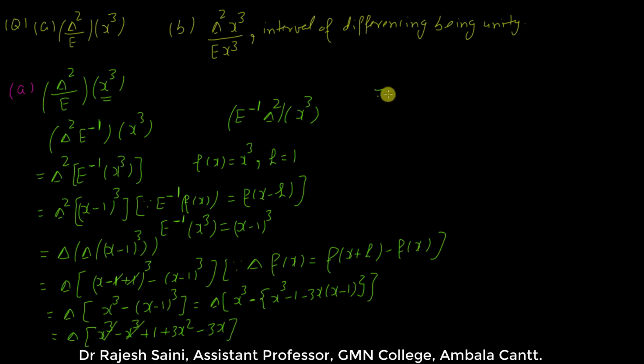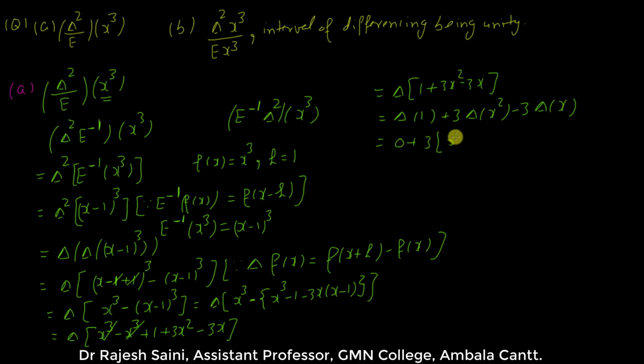This is further equal to delta of 1 plus 3x square minus 3x. Done. This will be delta 1 plus 3 delta x square minus 3 will be out, this will be delta x. Delta of a constant is 0 plus 3.